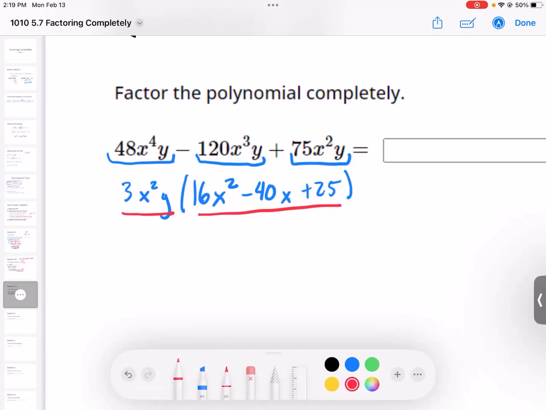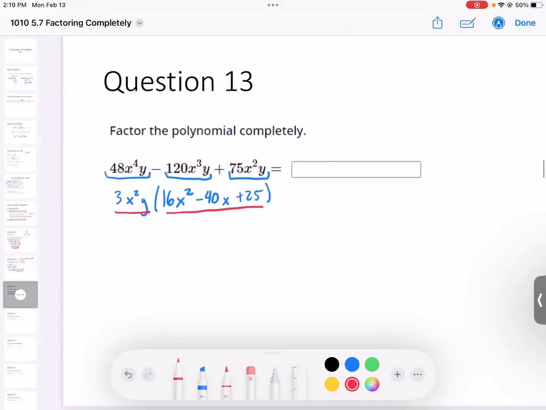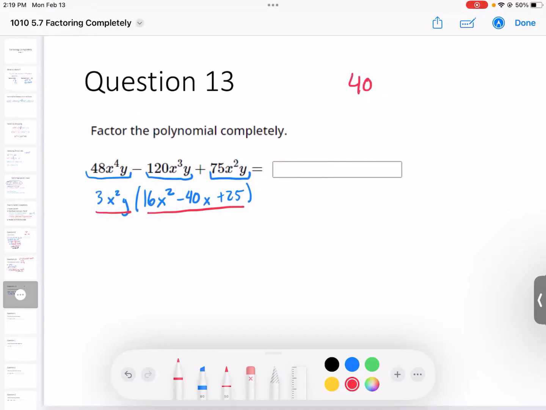It has 3 terms. So I'll do 16 times 25. And if I remember correctly from my last class, I think that's 400. Is that right? Anyone? Okay. So I get 400x squared, and I'm looking for something that multiplies to 400 and adds to negative 40.